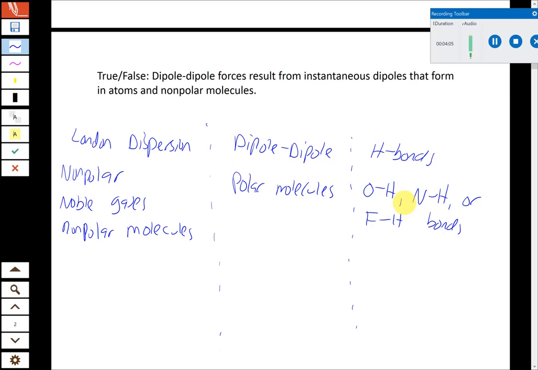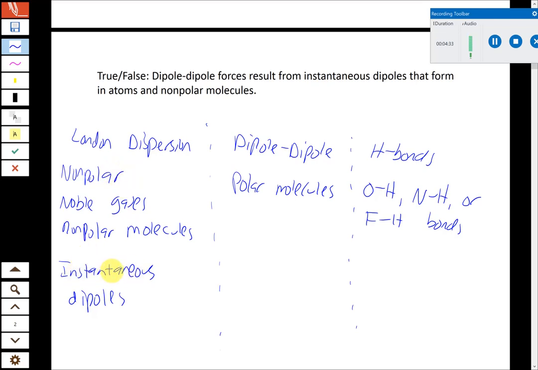The other thing to think about for this problem is phenomenologically what happens. In London dispersion forces, you have what's called instantaneous dipoles. London dispersion forces can involve nonpolar substances, so the substances that would only have London dispersion forces are not going to have permanent dipoles.